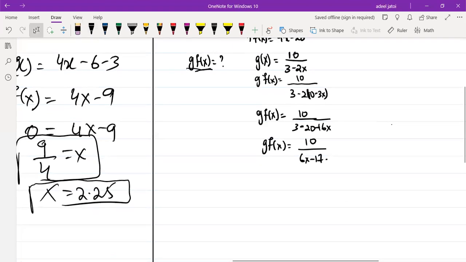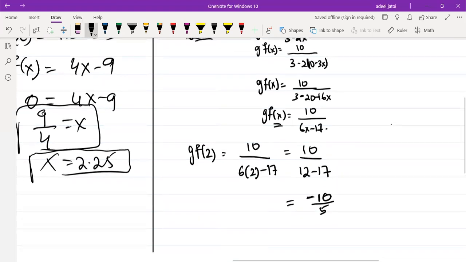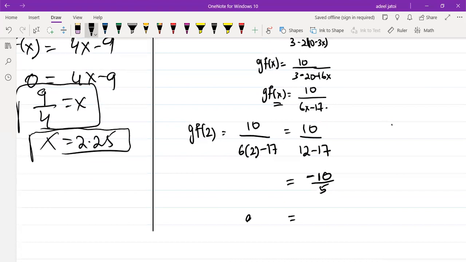That means now 2 is basically inside this g(f(x)) function. So 10 upon 6 times 2 minus 17, which means 10 upon 12 minus 17. Do you agree? So this should be minus 10 upon 5. So that means g(f(2)) is minus 2.